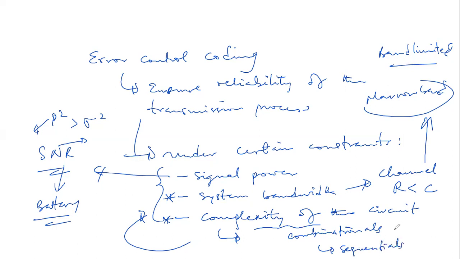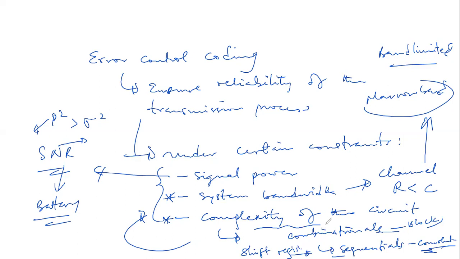That's how we move from block codes, where we use combinational circuits, to convolutional codes, where we use sequential circuits. For block codes, there is no memory, but for convolutional codes, we have memory because we use shift registers.